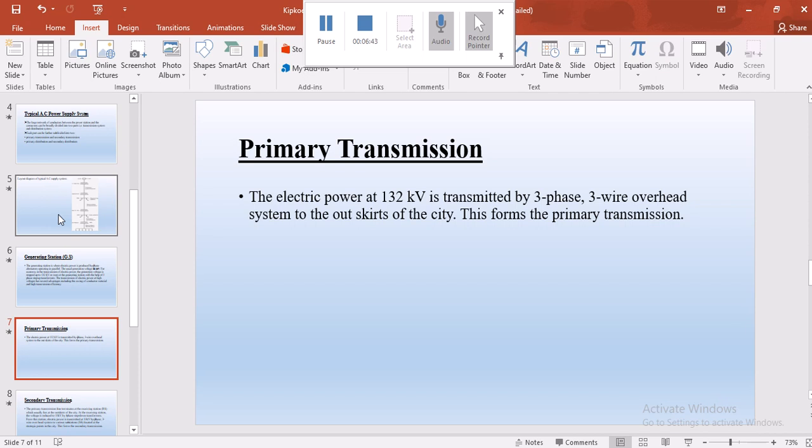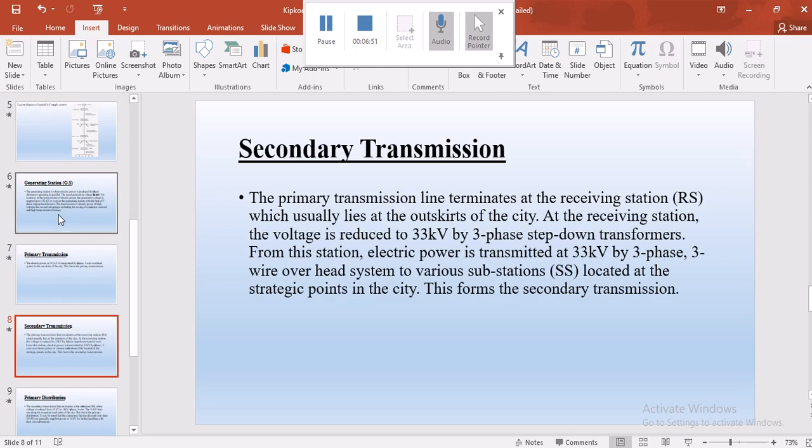At the receiving station, the voltage is stepped down from 132 kilovolts to 33 kilovolts. The secondary transmission. The primary transmission line terminates at the receiving station, which usually lies at the outskirts of the city. At the receiving station, the voltage is reduced to 33 kilovolts by three-phase step-down transformers.